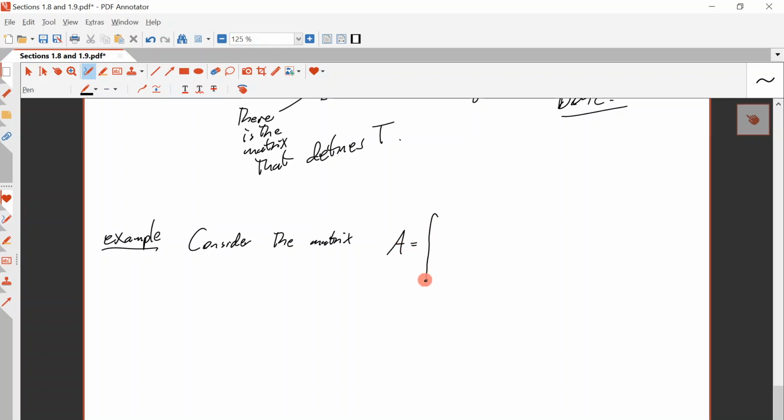A is equal to cosine theta, minus sine theta, and then sine theta, cosine theta, like that.